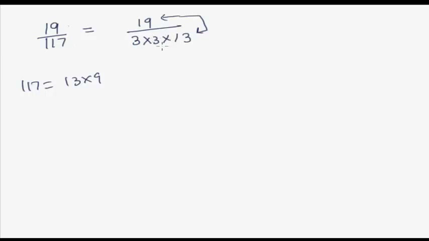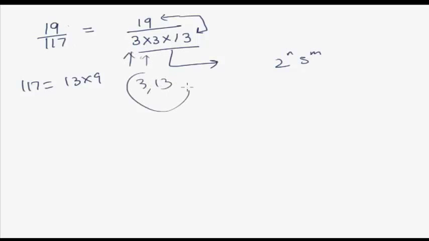Thus, we have represented the denominator in the prime factorization form, and we can see that it is not of the form 2 raised to power n into 5 raised to power m, because there are some other primes like 3 and 13 involved in the prime factorization.